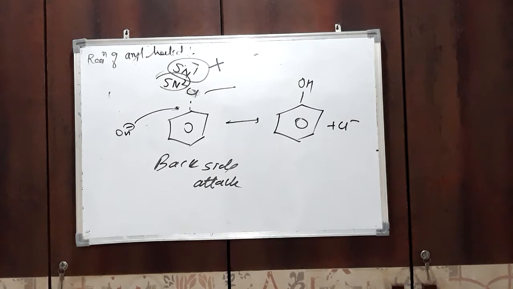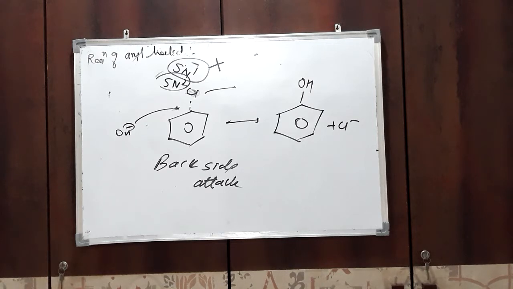There are certain reactions we have to consider, some nucleophilic substitution reactions, like the first is replacement of Cl by OH. The very first reaction is the reaction with aqueous alkali.